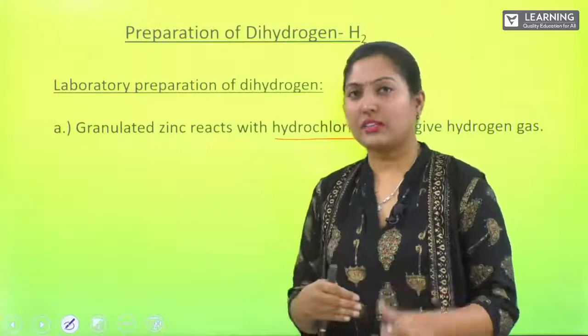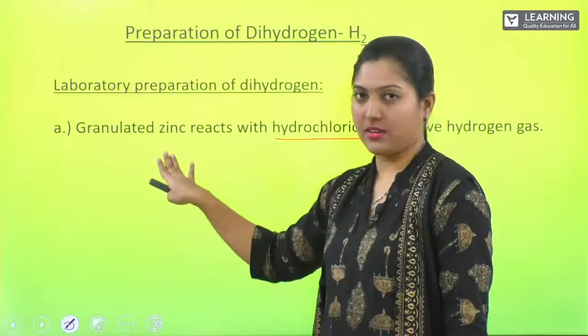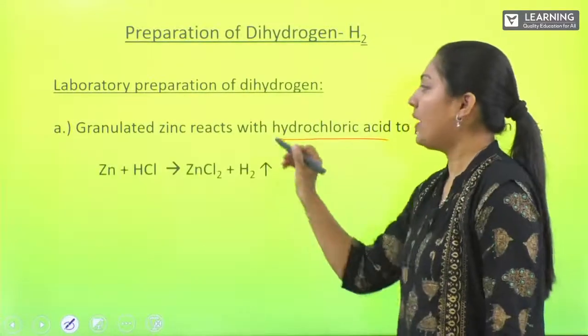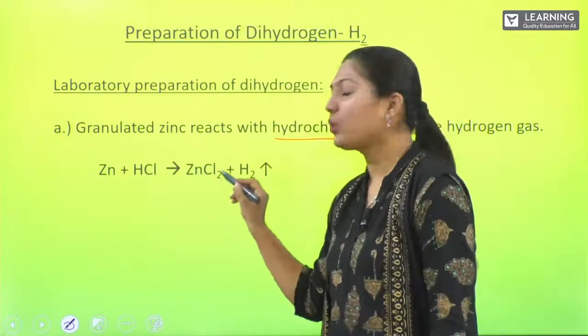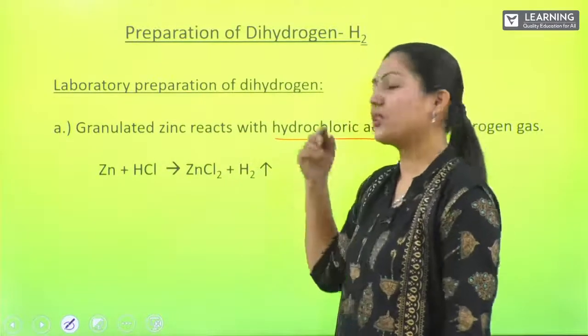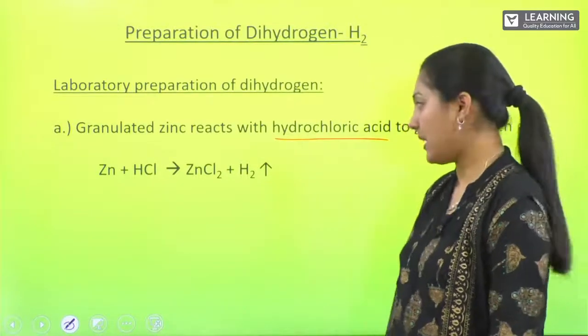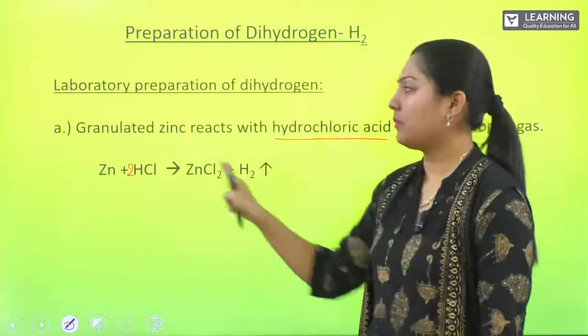We take zinc here, reacting with hydrochloric acid. When zinc reacts with hydrochloric acid, zinc chloride is formed and hydrogen gas is liberated. Is it balanced, students? It is not balanced, right? So we need to add 2 here such that it will be balanced.